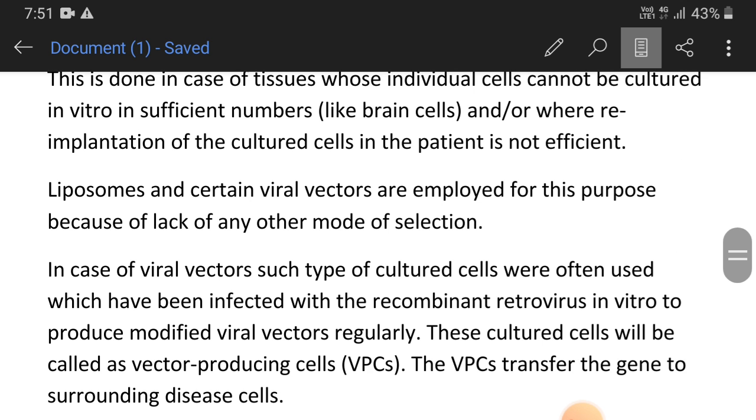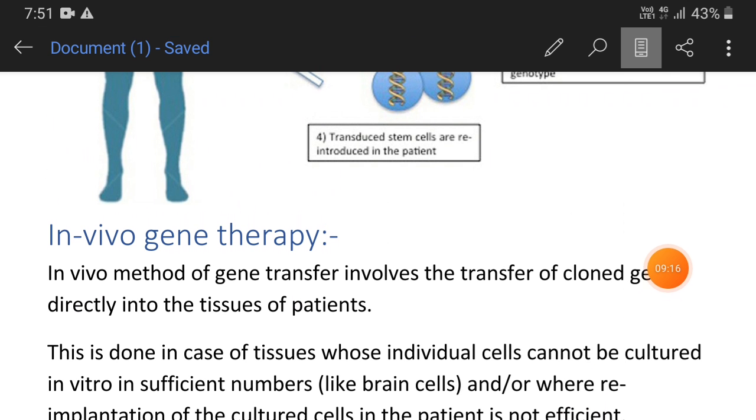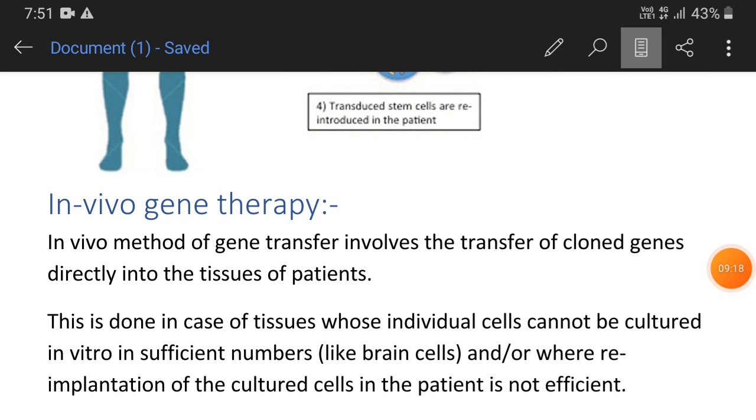So that was the concept of in vivo gene therapy. Remember that in vivo gene therapy is only useful for transferring the transgene into those cells where culturing in a culture medium is not easy and we will not get a sufficient number, and also reintroduction of those cultured corrected cells back into the patient will not be easy.